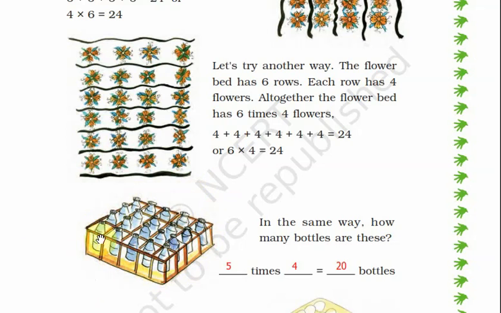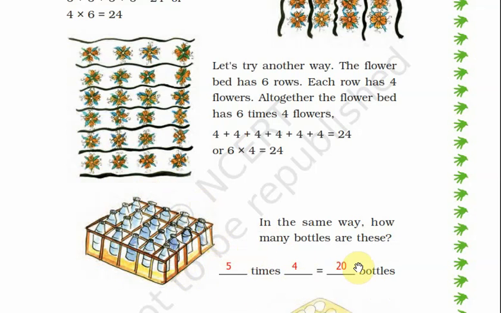So 5 times, how many bottles are there in each row? There are 1, 2, 3, 4. So 5 times 4 is equal to how many bottles? There are 20 bottles. You can write in this way.